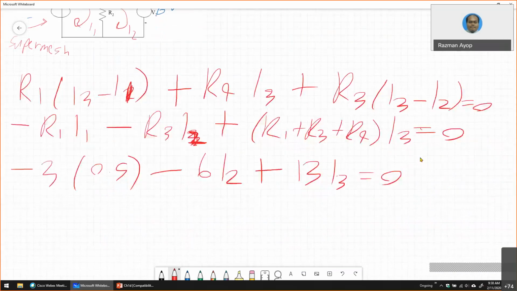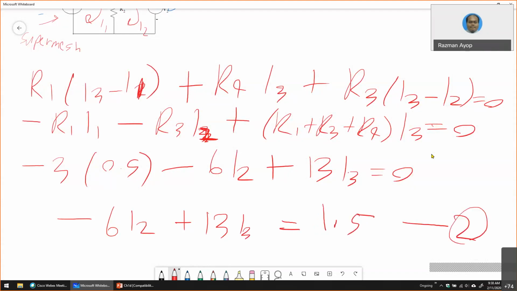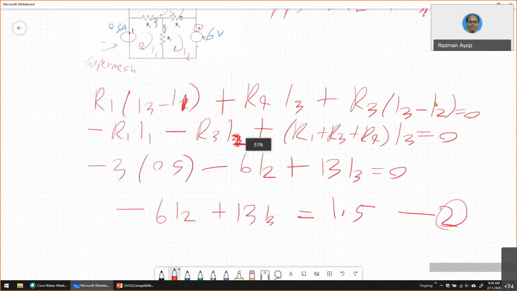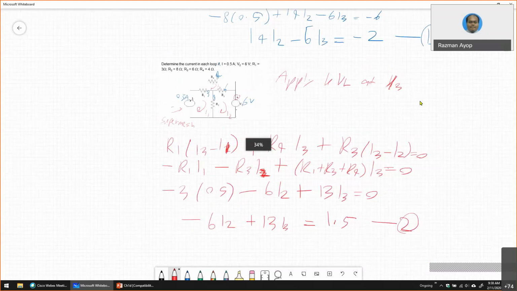So simplify this: negative 6 I2 plus 13 I3 equals 1.5. This is the second simultaneous equation. Use your calculator to get the answer for the first and the second.